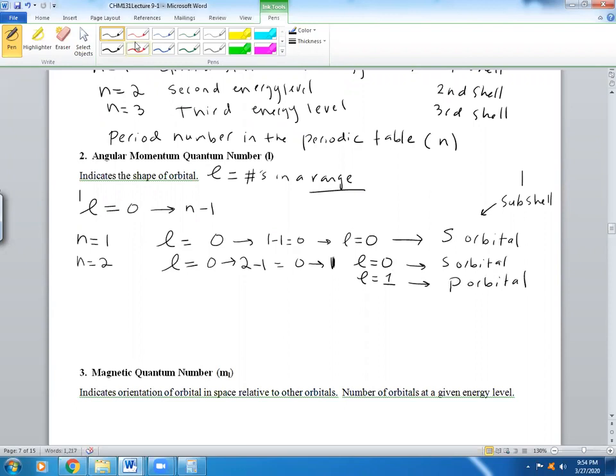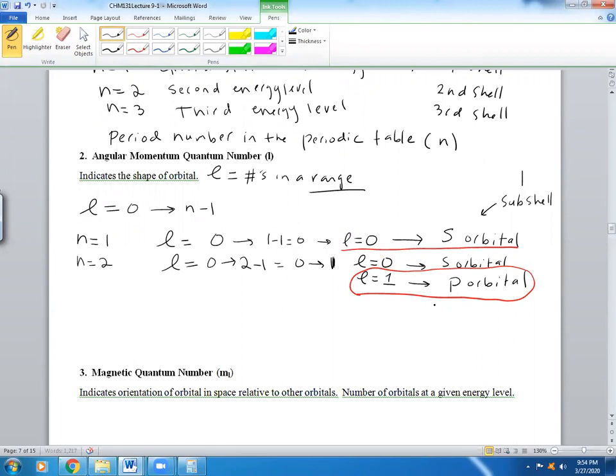So this is very important. You can see when L is 0, it's an s orbital. Also there. So you now have 2 subshells here.